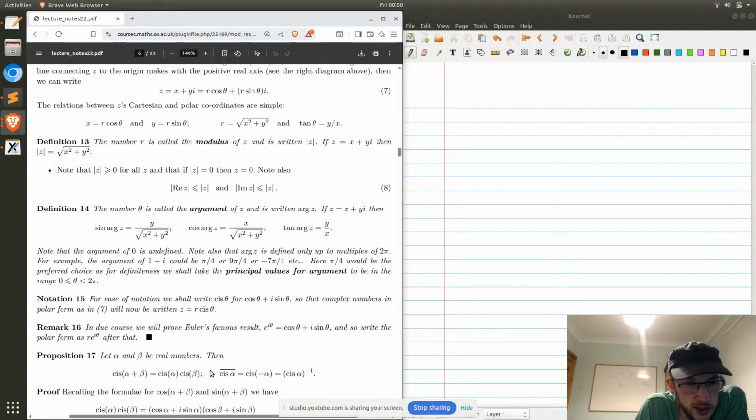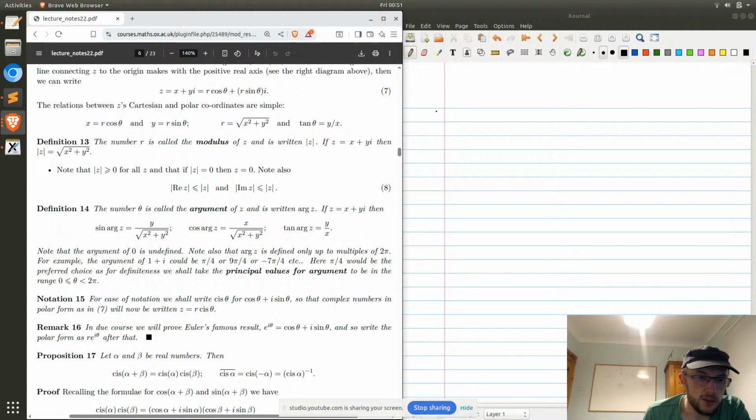And in conjunction, cis of alpha bar is equal to cis of negative alpha, which is also equal to 1 over cis of alpha.